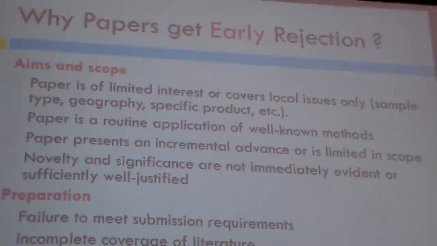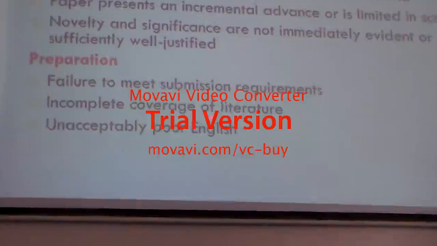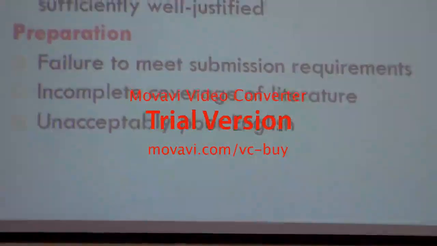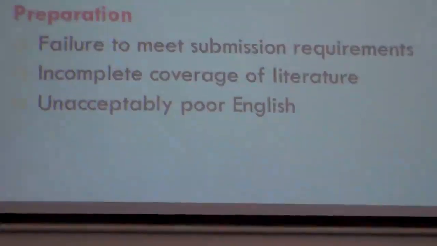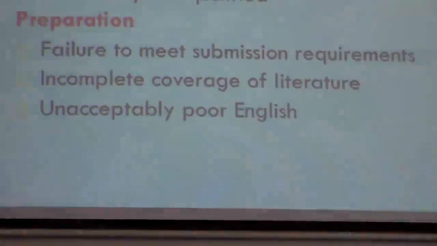Or the paper could be rejected because of failure to meet submission requirements. You don't follow the author guidelines. Incomplete coverage of literature. Maybe you do just a very small literature review and you don't cover the literature.